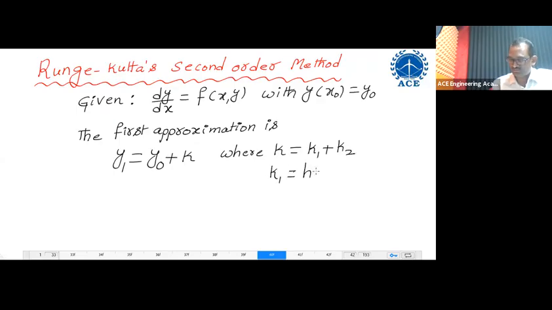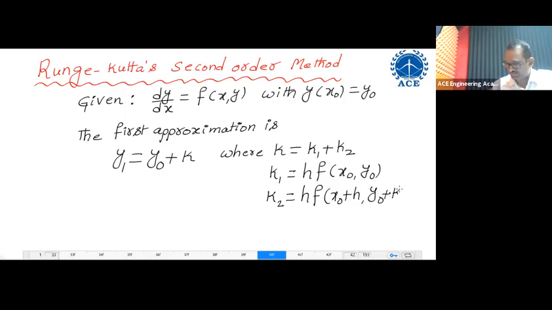K1 is equal to h into f of x0 comma y0. K2 is equal to h into f of x0 plus h comma y0 plus k1.